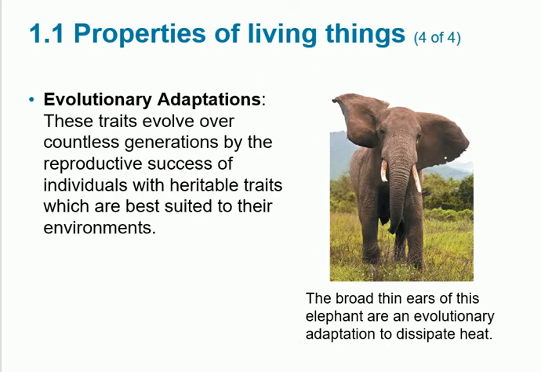Evolutionary adaptation. Adaptations occur through evolution. The traits, meaning properties or different characteristics, evolve over generations, thousands and hundreds of thousands, maybe millions of generations.